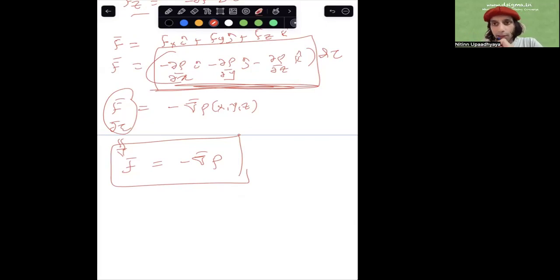Now, if you remember the discussion we have had on gradients, you will also notice that the gradient points in a direction where the change in the field is the highest, right? Which means that, let's say I have a glass of water, which is what we started off with, right? And that glass of water is just sitting on the table.